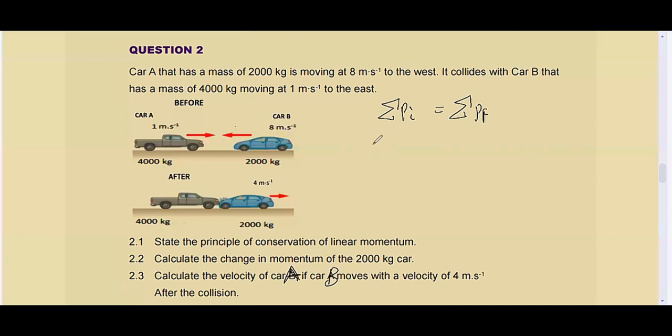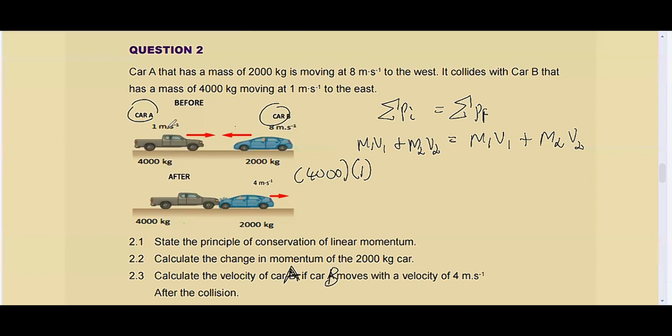Right. Then we have m1v1 plus m2v2. The 1 will be representing car A and the 2 will be representing car B. Then they still move separately after collision. Our mass for car A is 4,000.